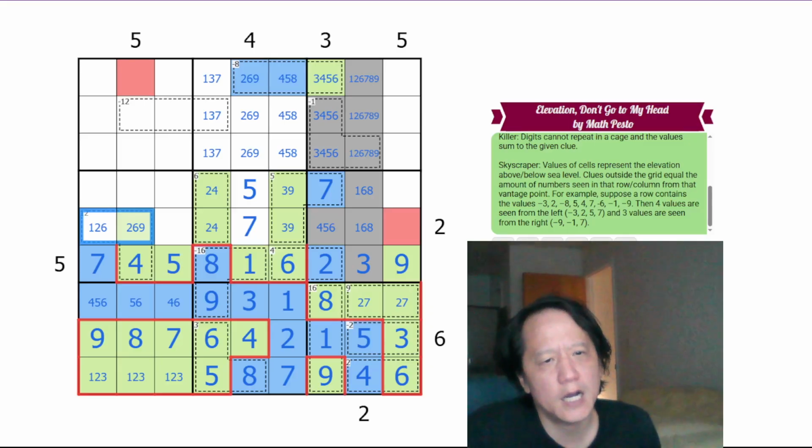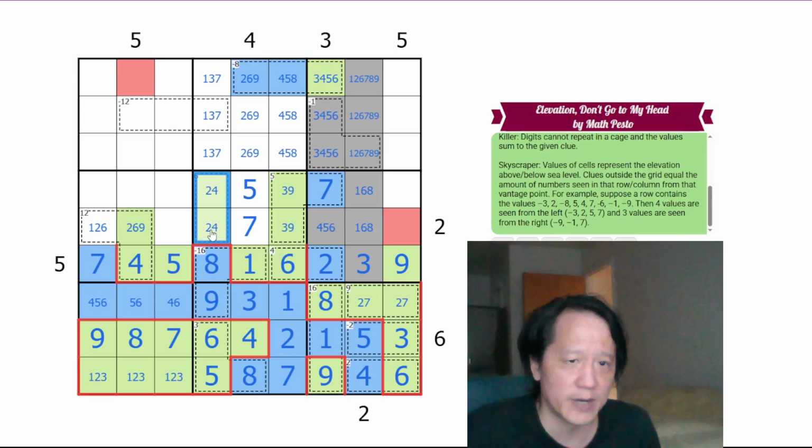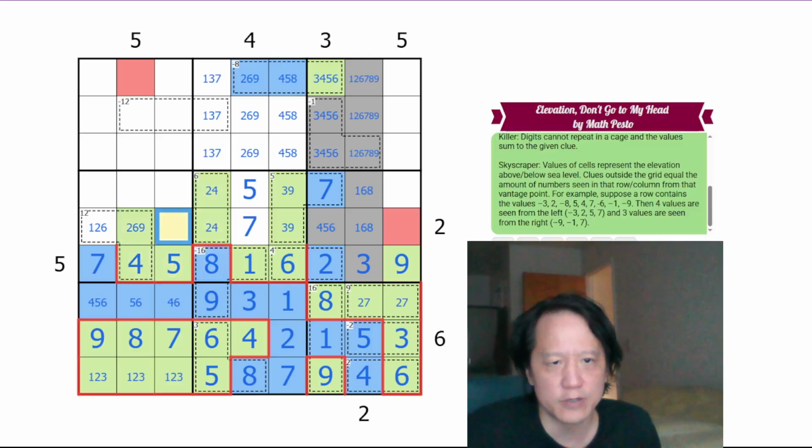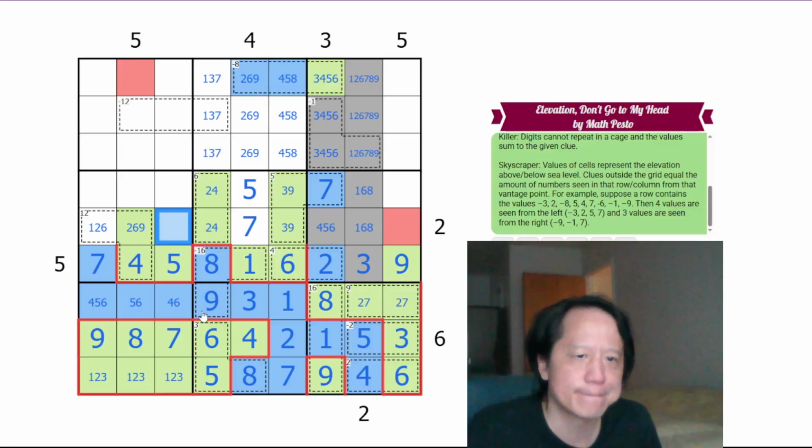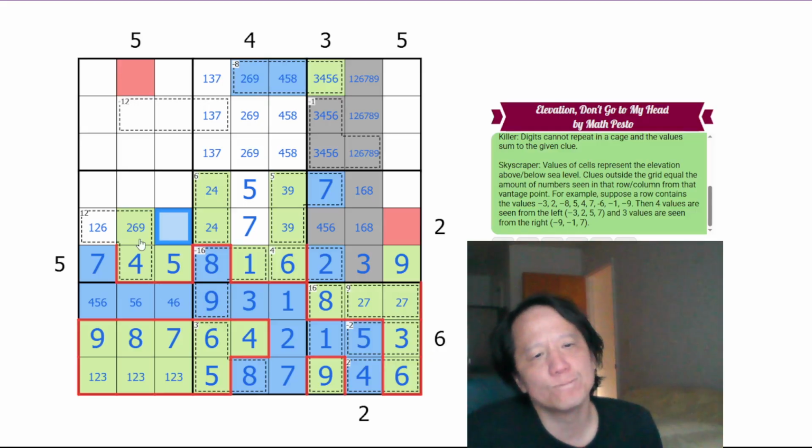Interesting. This cannot be on the same island as this, because we already have a 4 here, and we have a 4 here. So this must be water here. Interesting.